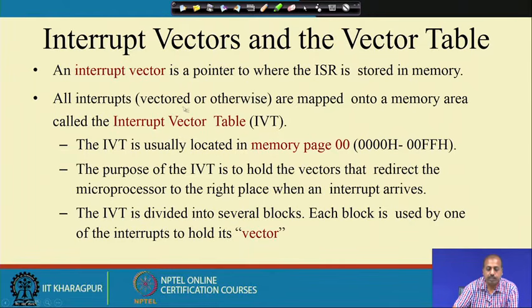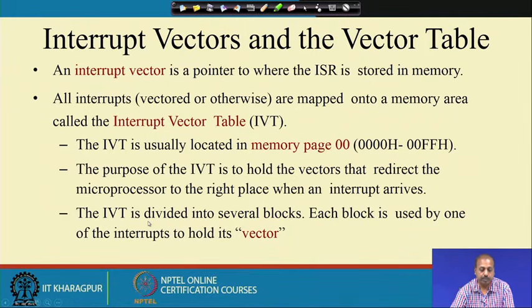All interrupts, vectored or otherwise, are mapped onto a memory area called the interrupt vector table. This table is usually located in the memory range 0000 to 00FF, that is, the first 256 bytes. The purpose of the interrupt vector table is to hold the vectors that redirect the microprocessor to the right place when an interrupt arrives.